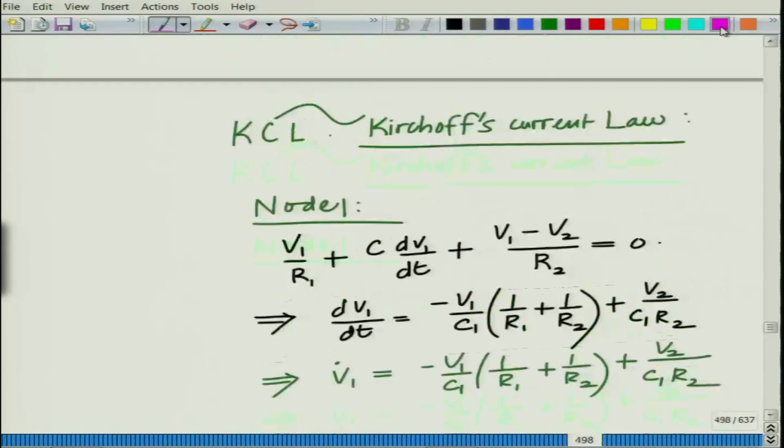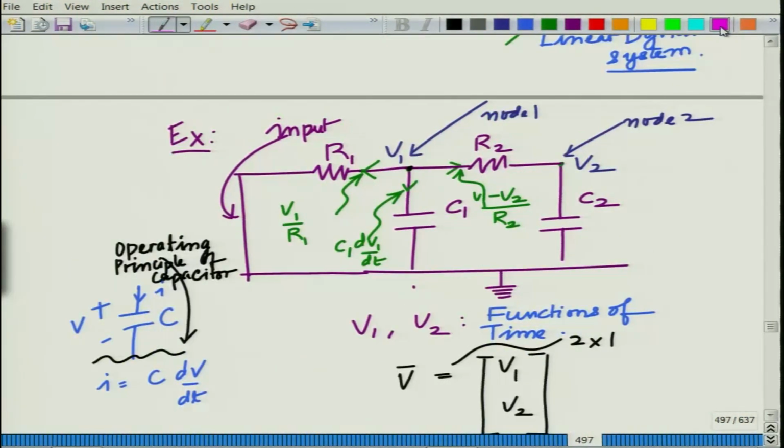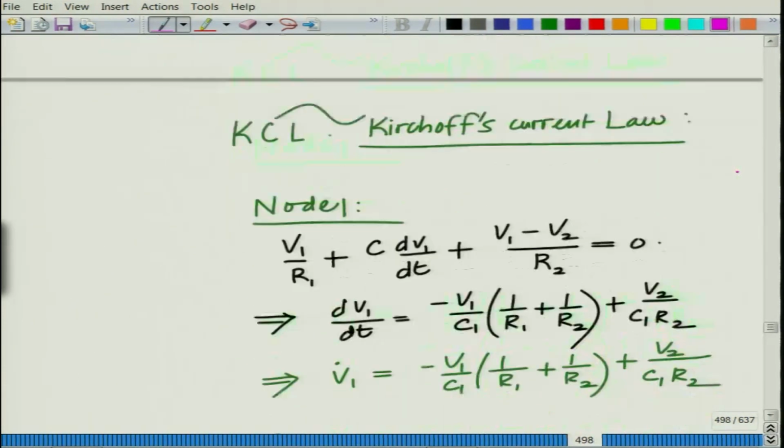Similarly, if you write it at node 2, you have V1 minus V2 by R2, and C2 dV2 by dt. The current flowing into node 2 is the current flowing out of node 2.